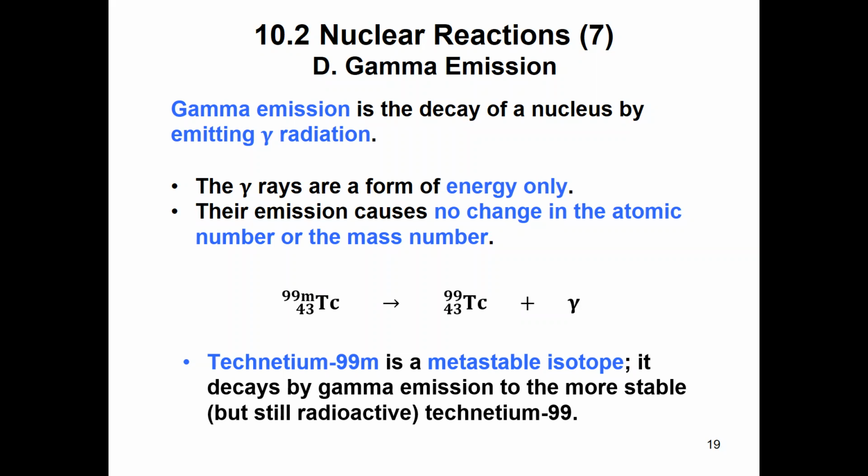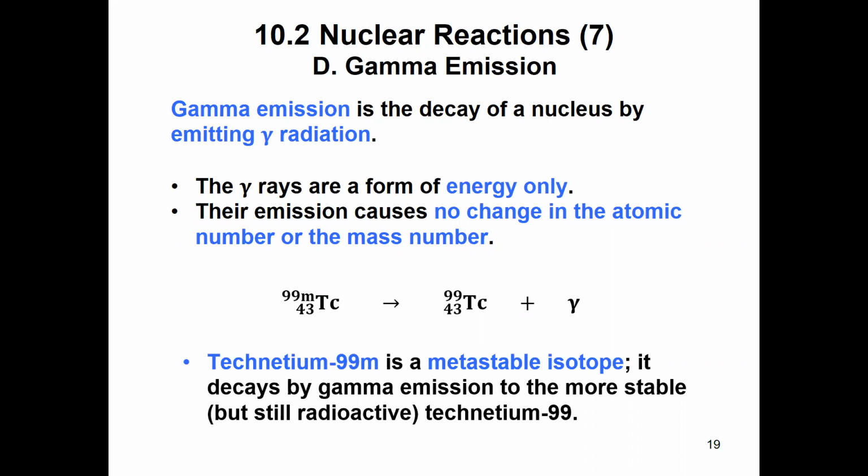So it's the same element with the same mass number, same atomic number, but the technetium-99m is higher in energy, and it will decay by giving away gamma rays, which are high energy rays. And so now we have technetium-99, which is still radioactive.